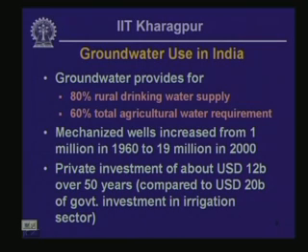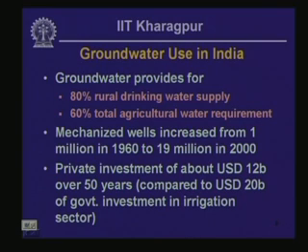government in the irrigation sector. We are calling the investment in the mechanized water wells private investment because most of the mechanized wells are installed by private farmers or other bodies, local bodies, actually private individuals.